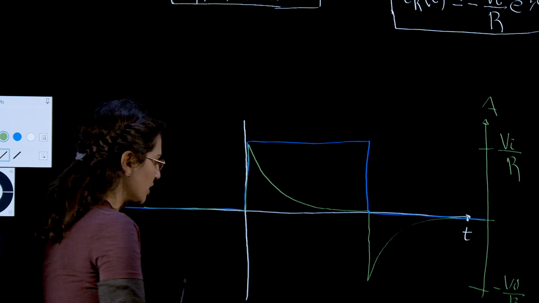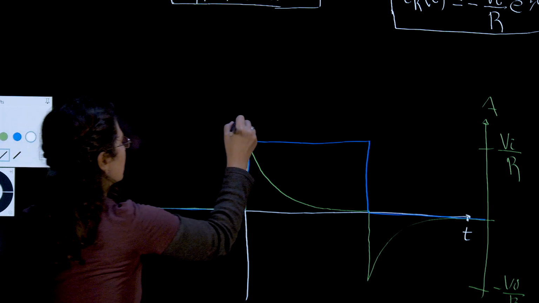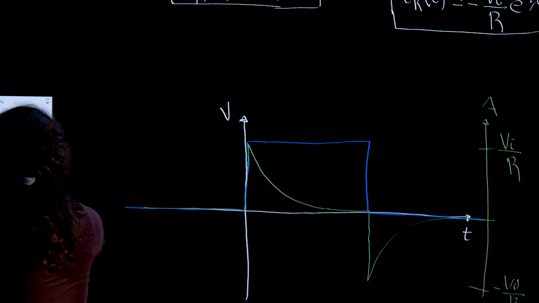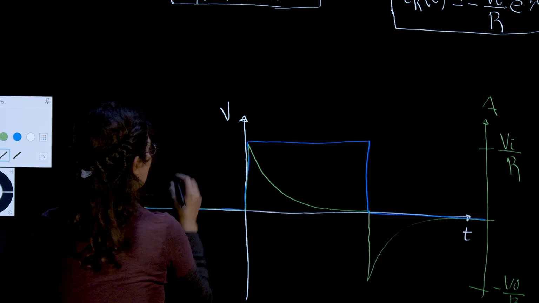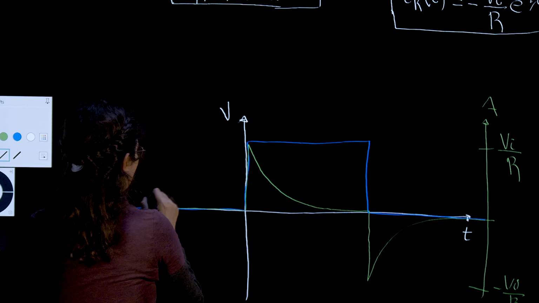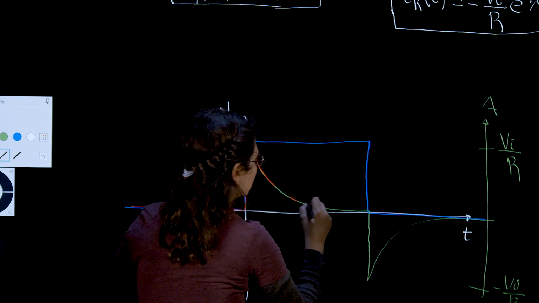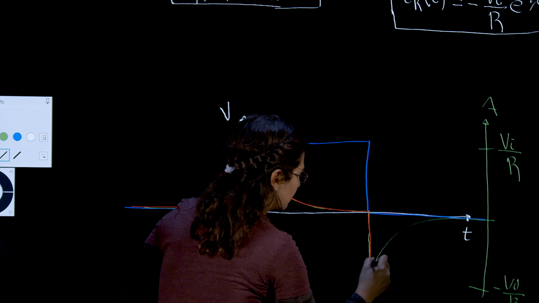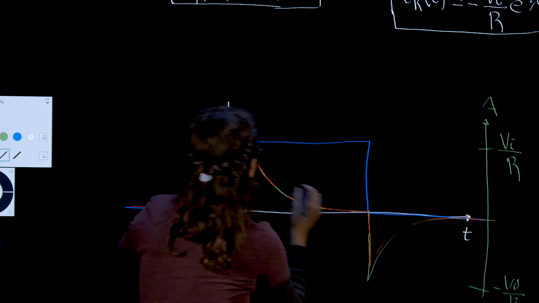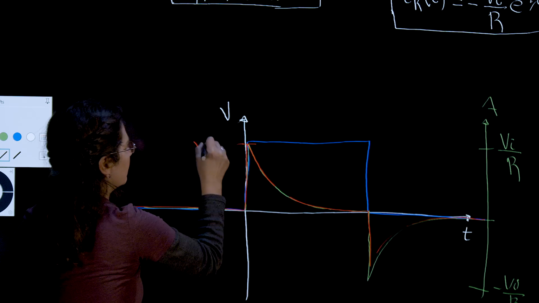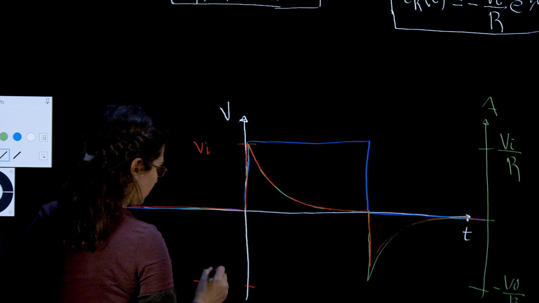And this is my voltage axis. And I plot my voltage in the resistor. It would look exactly like this, but instead I have here Vi and minus Vi.